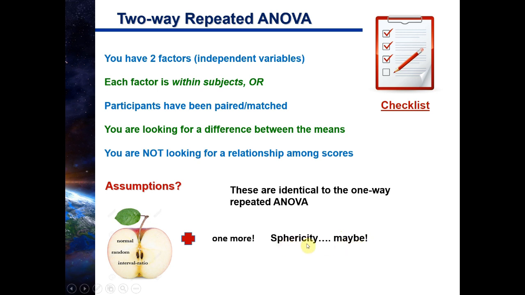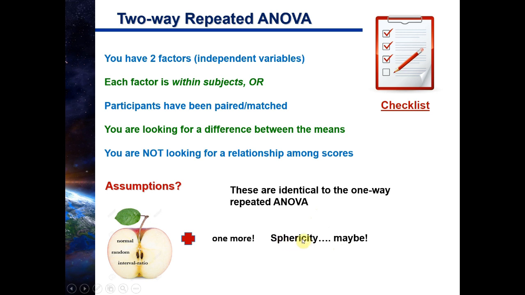Sphericity for the one-way repeated ANOVA is always tested. Okay, so absorb that. The assumption of sphericity is always tested in a one-way repeated ANOVA. But for the two-way repeated ANOVA, it might be tested.